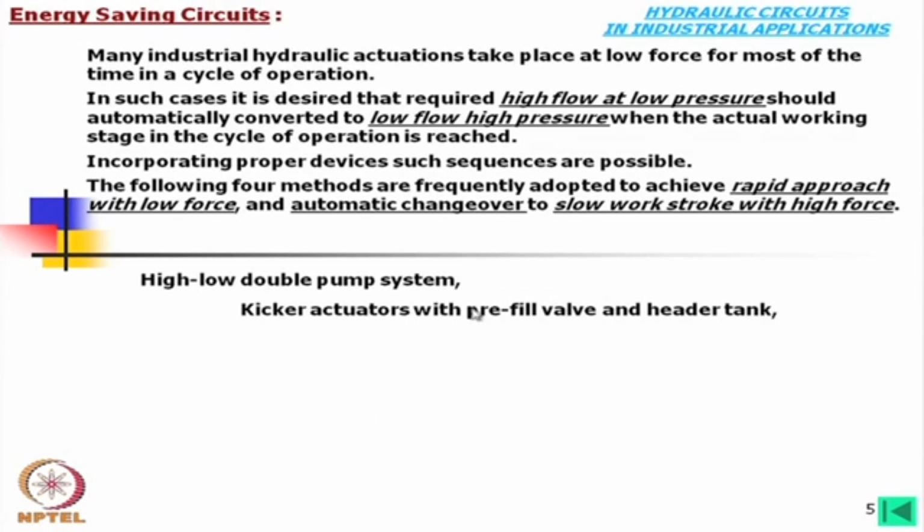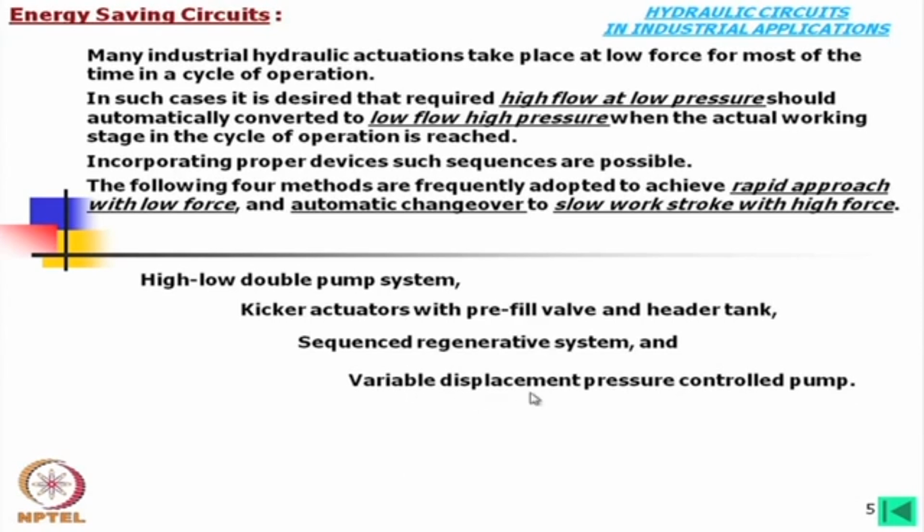Now, the second is kicker actuators with pre-fill valve and header tank, this is one arrangement. I shall explain what it is. In that way also we can save the energy. Third, the sequenced regenerative system, and fourthly, variable displacement pressure control pump.